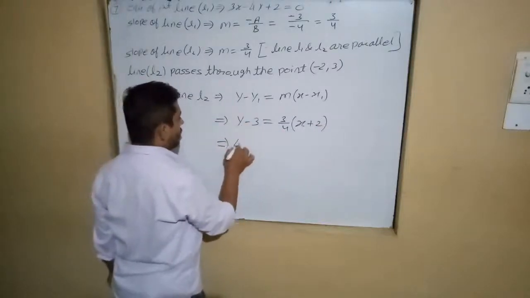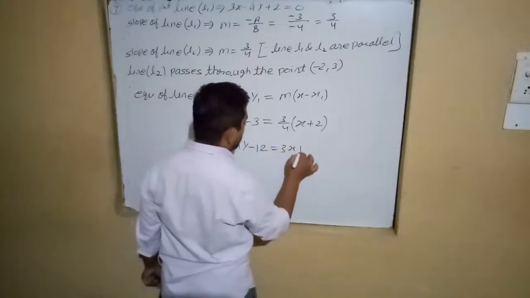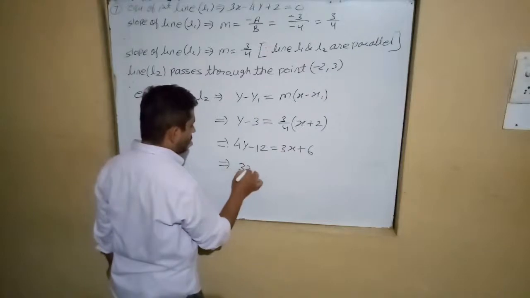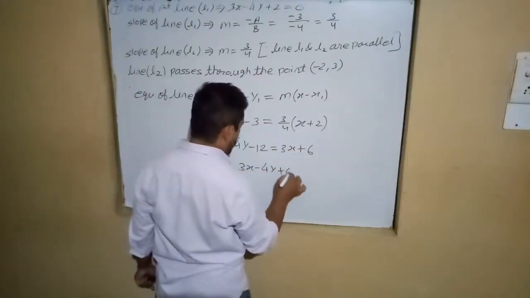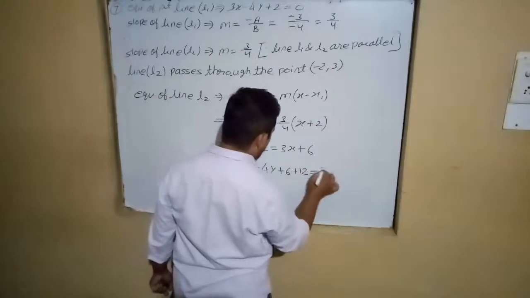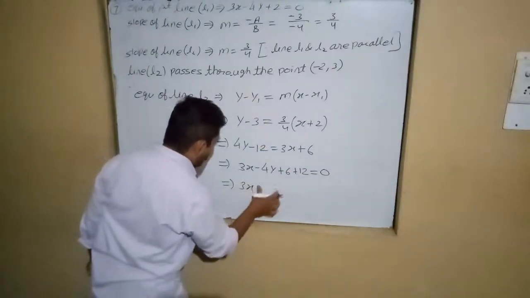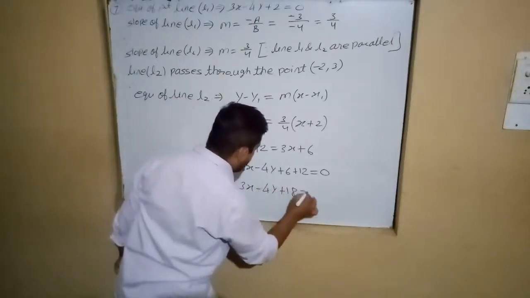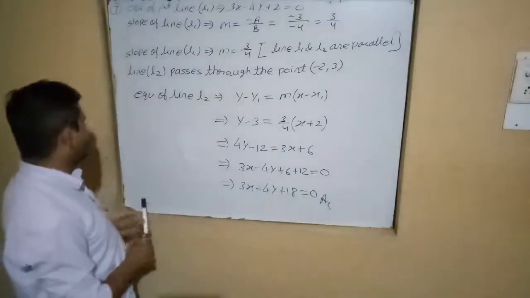By transposing, it will become 4y minus 12 is equal to 3x plus 6. After transposing, we get 3x minus 4y plus 6 plus 12 is equal to 0, which means 3x minus 4y plus 18 is equal to 0. This is our equation of the required line.